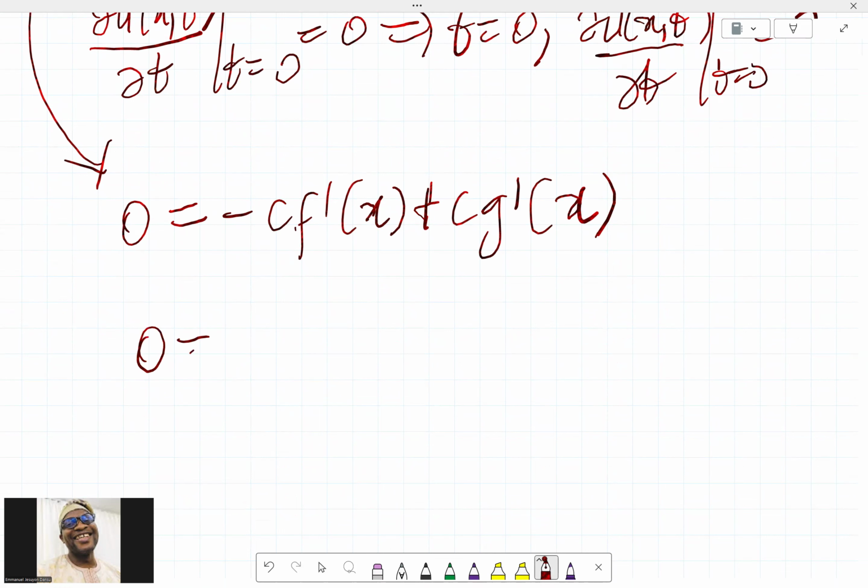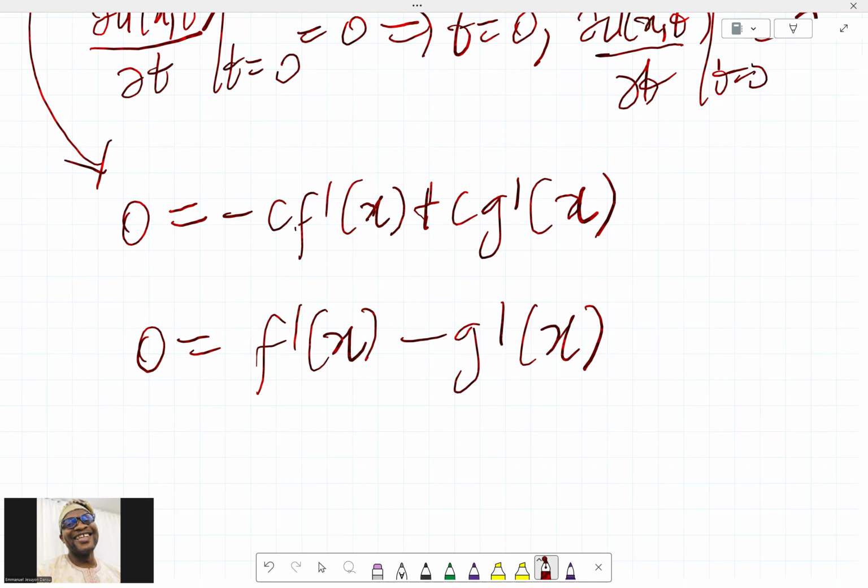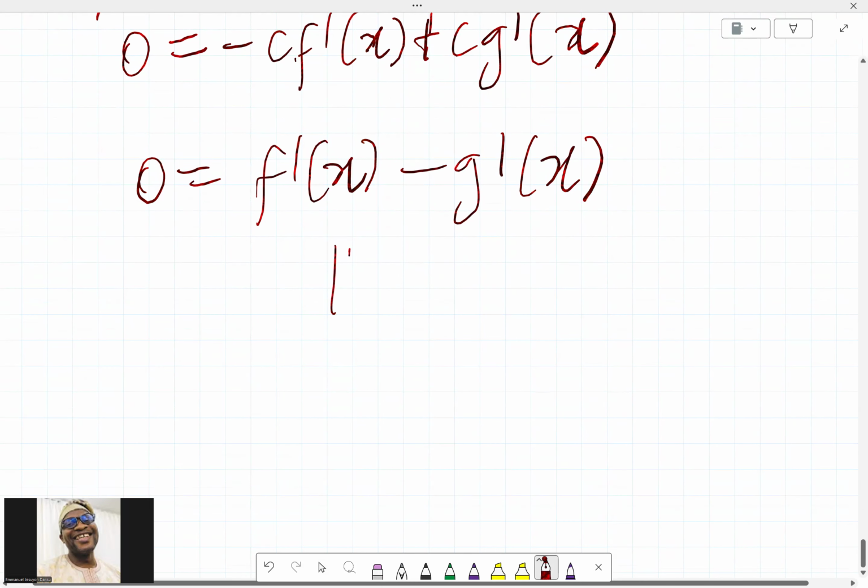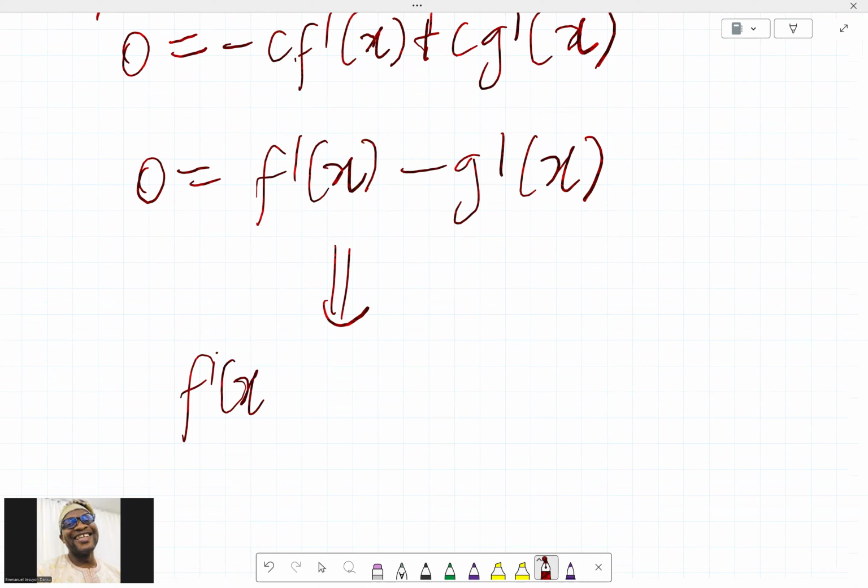So 0 is equal to f prime of x minus g prime of x. And this simply means that f prime of x is equal to g prime of x.